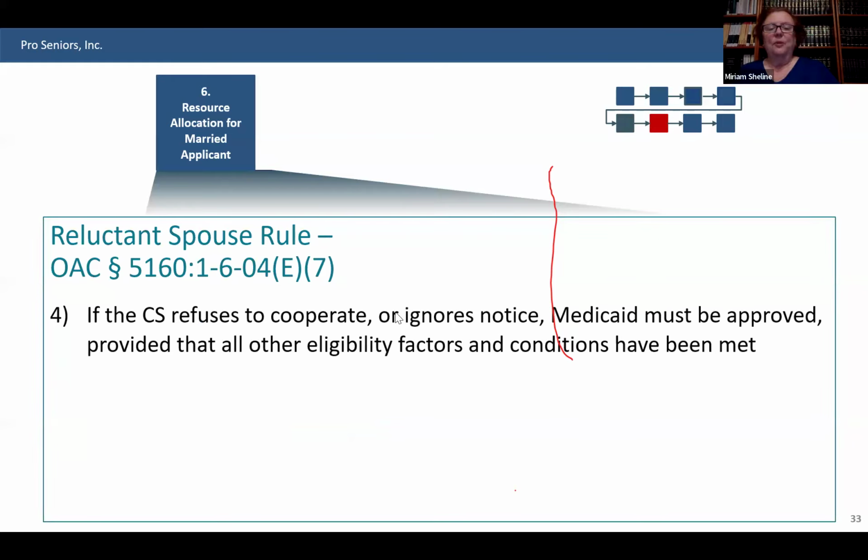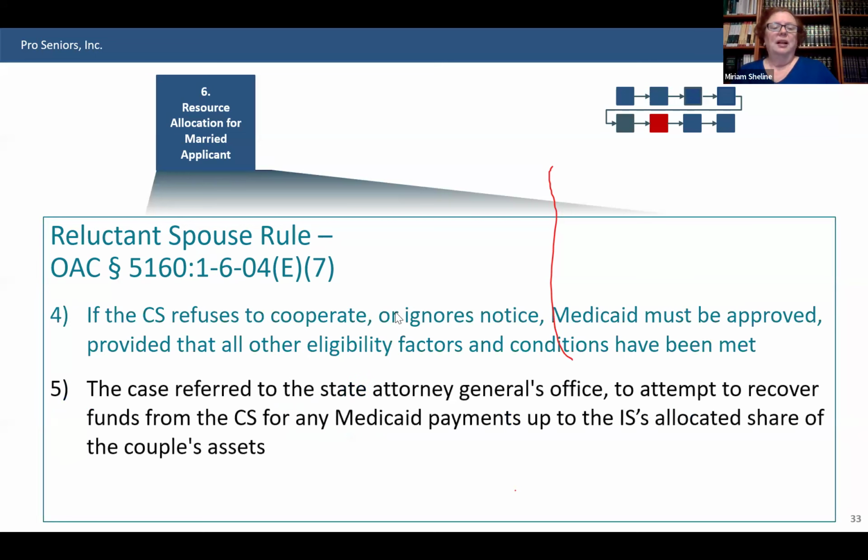And if they refuse to cooperate, then Medicaid must be approved. And then the case is referred to the state attorney general's office to see if they want to try to recover the funds from the community spouse for any payments made up to the IS's allocated share of the assets.